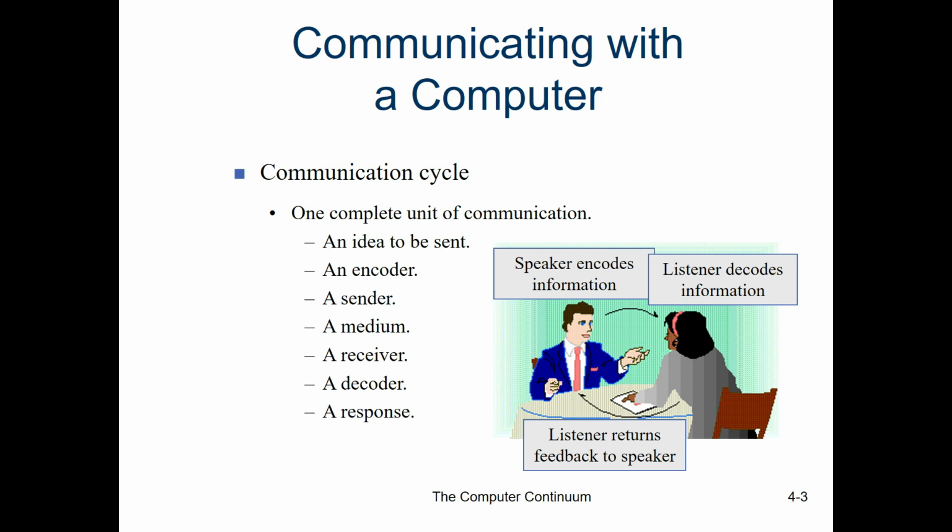That medium could be a wireless medium, and it could also be a wired medium, depending on whatever medium of communication you are using. And then, on the other hand, there's a receiver device. Let's say you are sending some messages on WhatsApp to your friend. There's an idea. Let's say you want your friend to come for lunch. Okay, that's an idea.